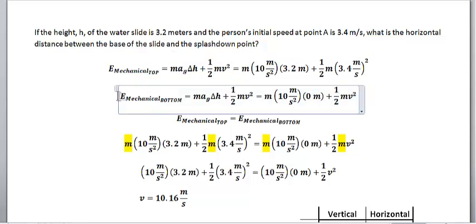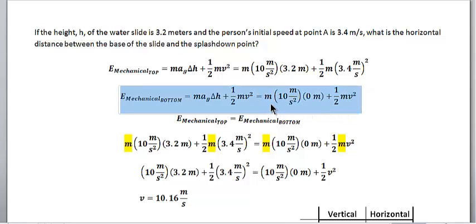At the bottom, that part looks identical. Mechanical energy is potential plus kinetic, but here we have this unknown mass, the problem did not tell us what the mass was, times 10 meters per second squared times 0 meters. We have said that we're going to act like potential energy is 0 at the bottom of the slide. So this whole term is going to go to 0, plus 1/2 mass times velocity squared.